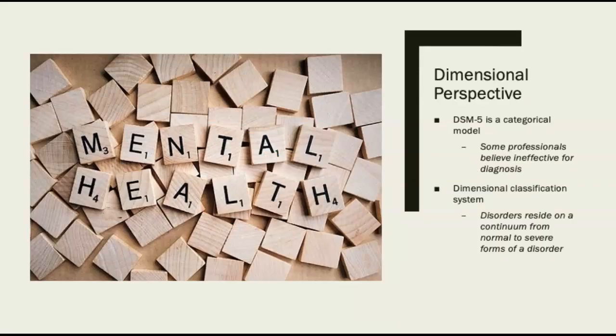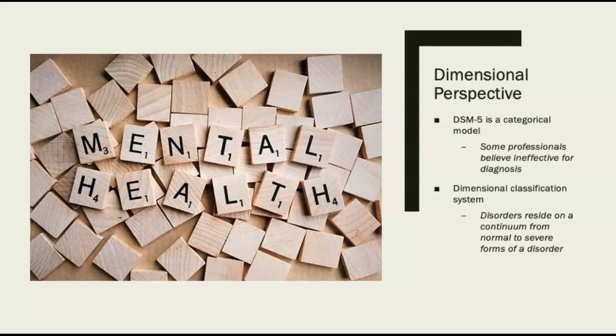Chapter 3 talks about this dimensional perspective. This refers to how the DSM-5 is a categorical model, and some professionals believe that it's not as effective for diagnosis and that a dimensional classification system might be more effective as it considers how disorders reside on a continuum from normal to severe forms of each particular disorder.